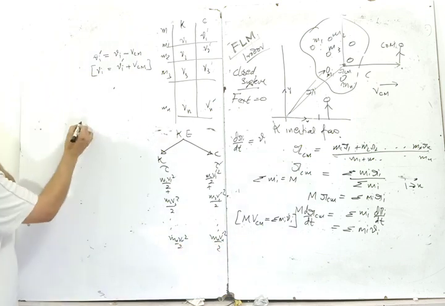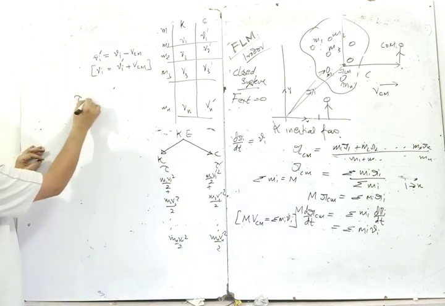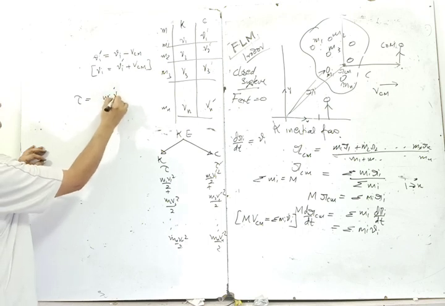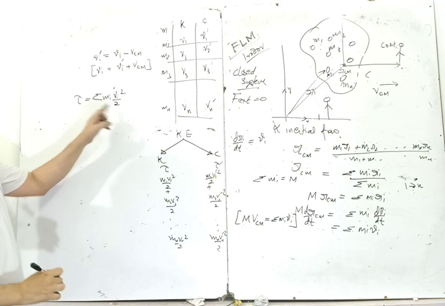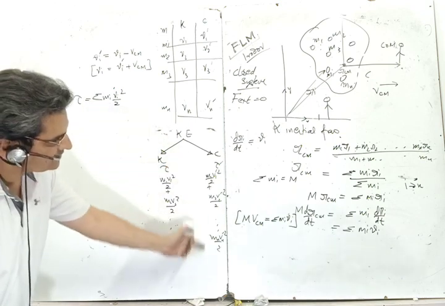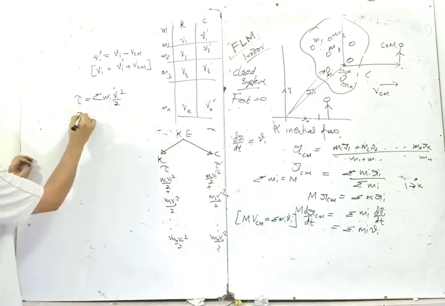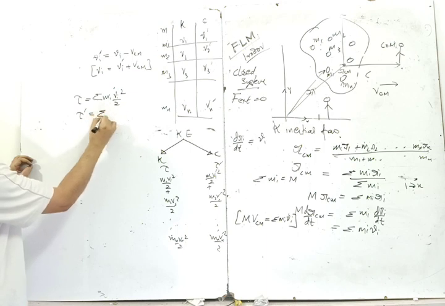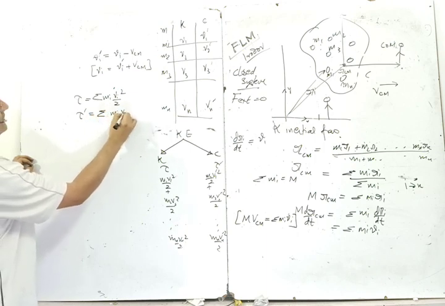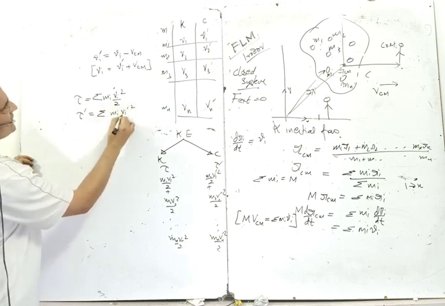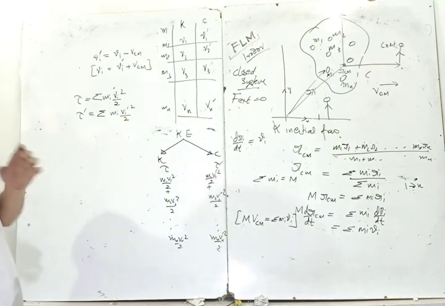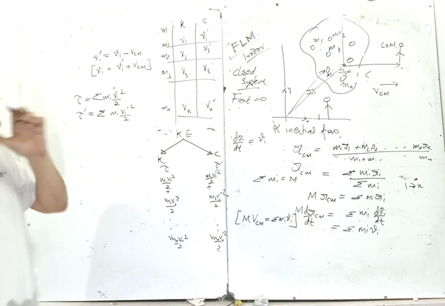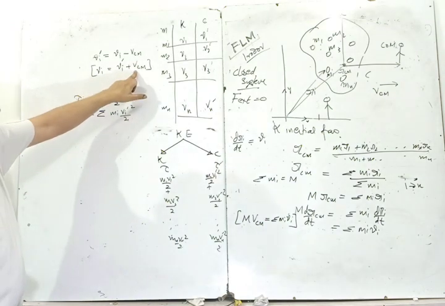So I write T as sigma mi vi square upon 2. That is the general expression. And T dash as sigma mi vi dash square upon 2.